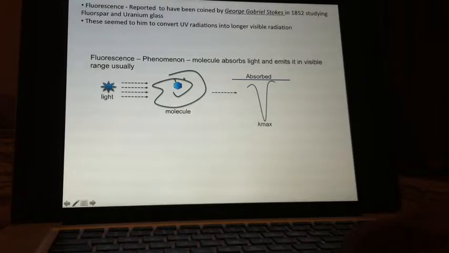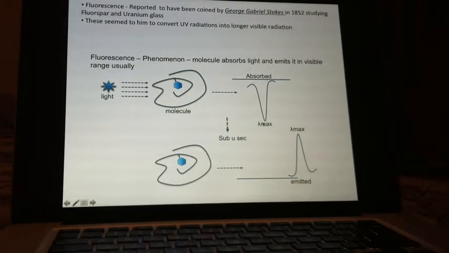For example, we consider a big, large macromolecule that has a fluorescent moiety inside it. Not every molecule is fluorescent. We'll talk about that later. Now, if we shine light on it and we are able to record its absorption, we will see that the light will be absorbed at a certain wavelength.